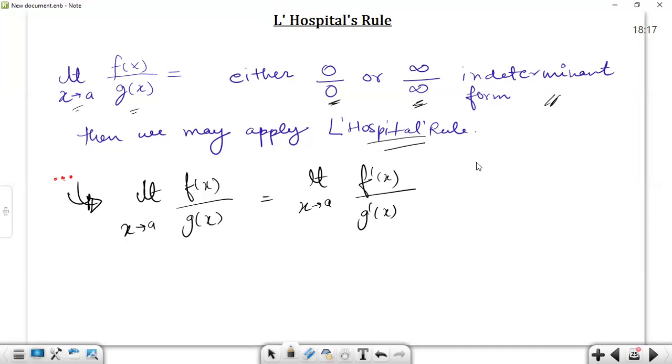Now we substitute again and see if there is some finite value; then we have solved the question. Otherwise, we can apply L'Hospital rule once again.